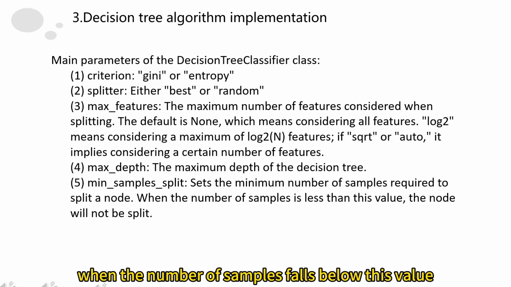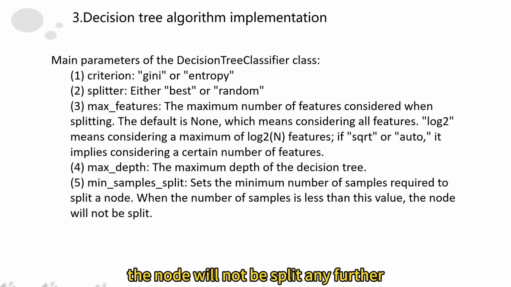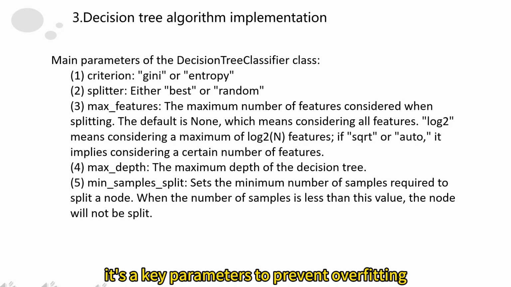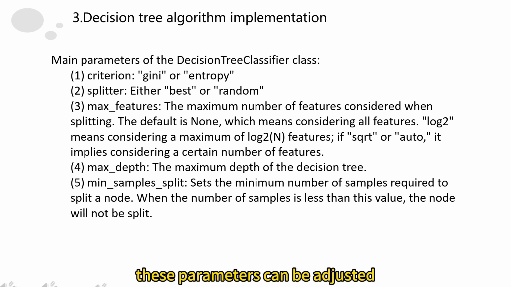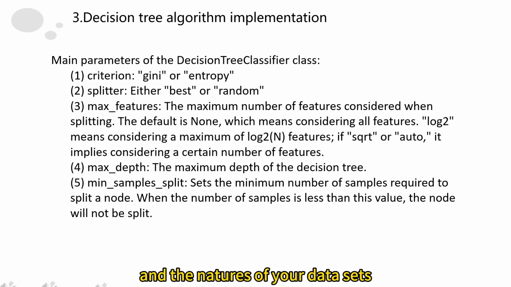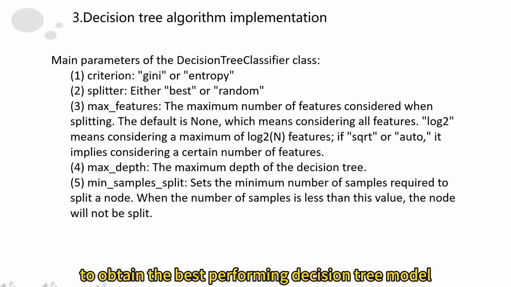When the number of samples falls below this value, the node will not be split any further. It's a key parameter to prevent overfitting. These parameters can be adjusted based on the characteristics of your problem and the nature of your dataset to obtain the best performing decision tree model.